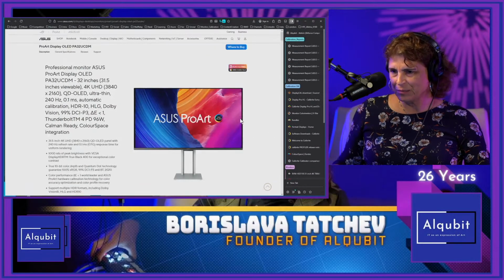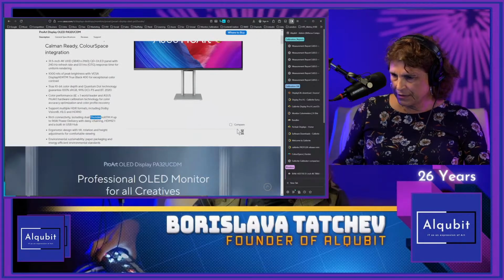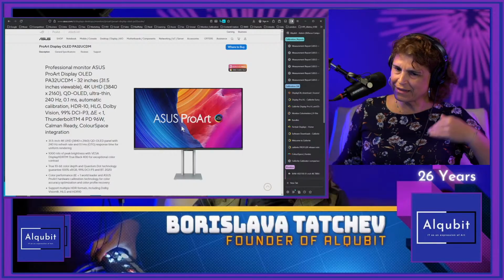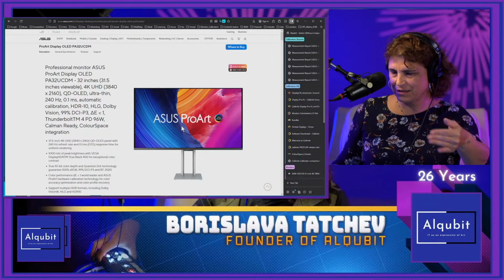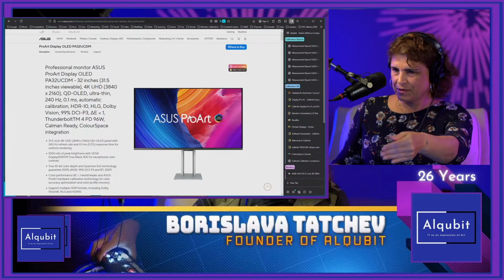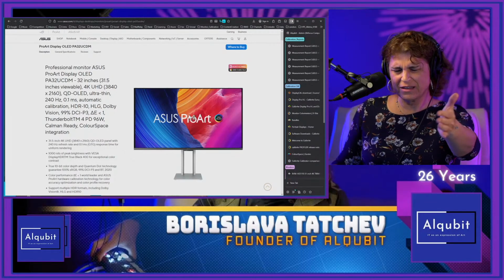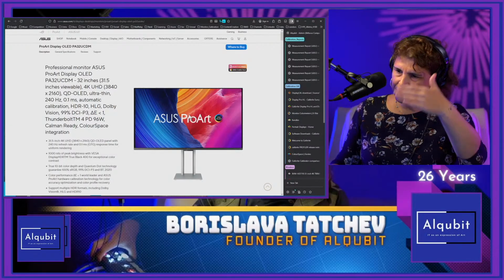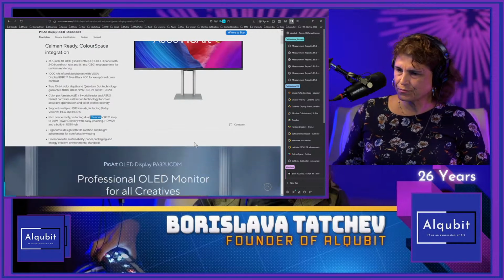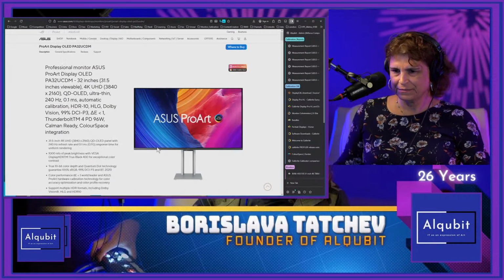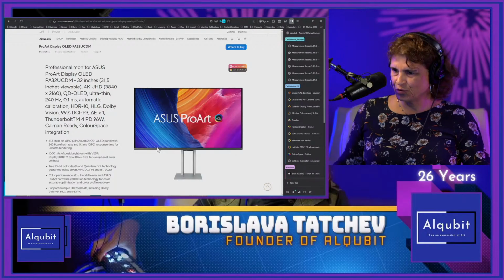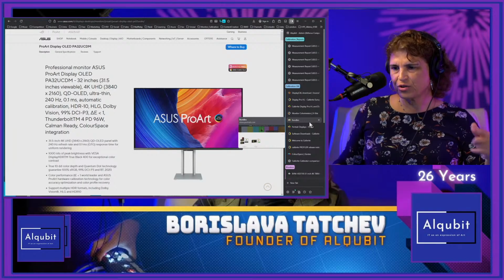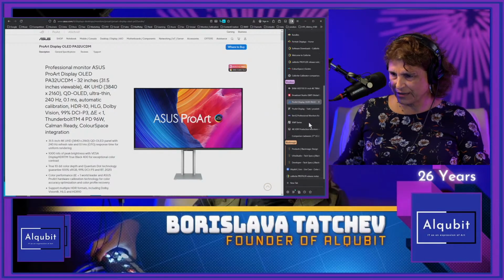So the minimum is the medium level, the start of the professional level. In this case it starts around 1,500, 600, 5,000, and more and more. But it is inescapable. You need to invest in that in order to have all the functionalities. There is no shortcut.